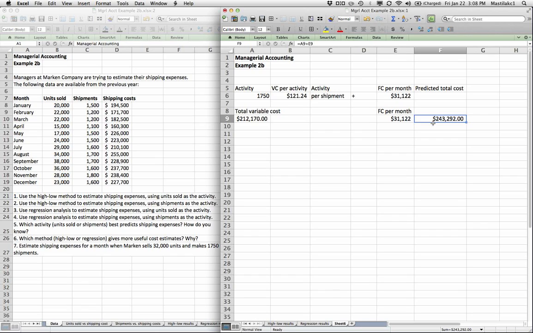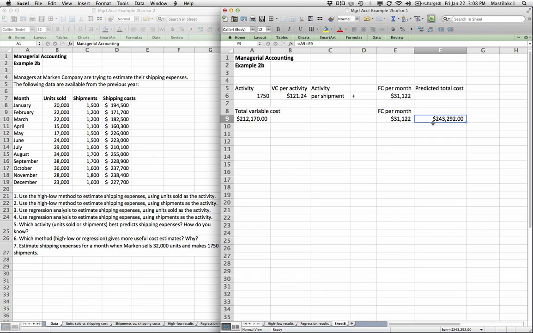One of the things we can do with this is we can recognize that units sold is not a really good indicator of shipping costs. And so if we have a month where we have a particularly low number of units sold, but shipping costs are high, that doesn't necessarily mean the shipping manager did anything wrong. We need to look at number of shipments, not number of units sold.